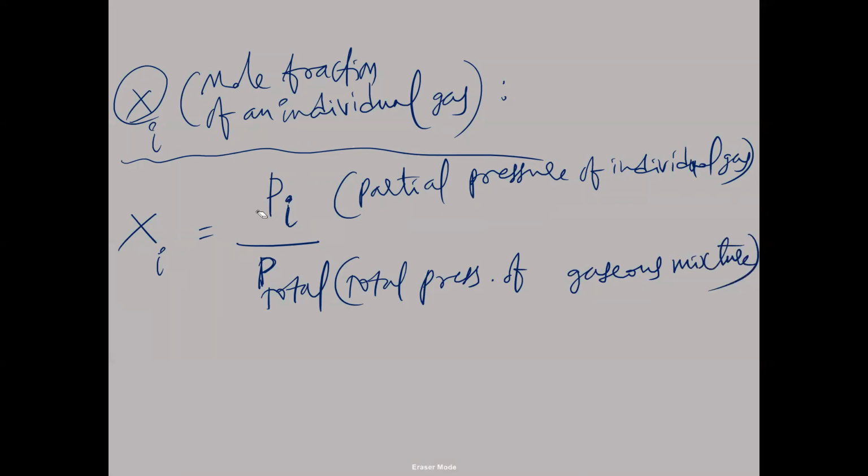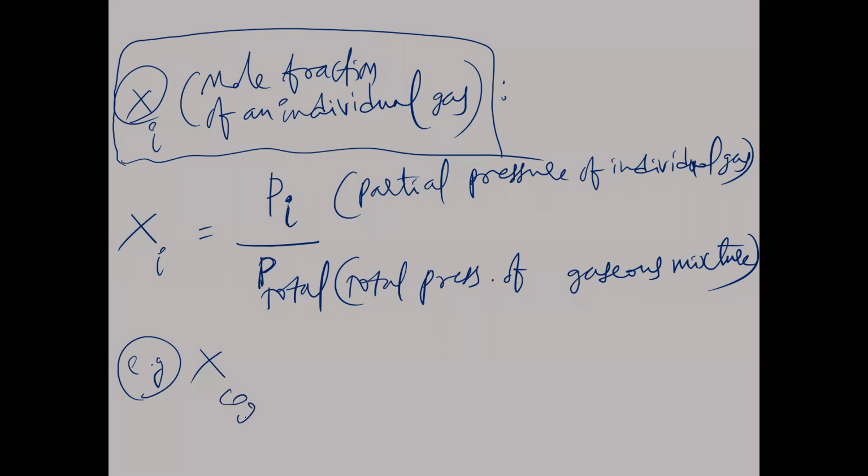So partial pressure of an individual gas divided by total pressure of the gaseous mixture is equal to what? Xi, the mole fraction of an individual gas in the mixture. For any individual gas in the mixture, mole fraction is equal to the partial pressure of that gas upon the total pressure of the gaseous mixture. Okay, example: mole fraction of CO2 gas I'm taking.